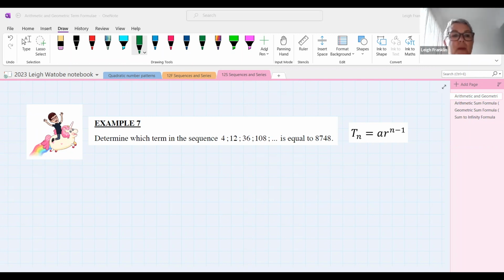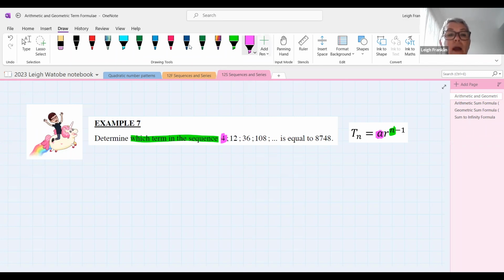Okay, so they've said this: if you don't need me to help you with the first step, go right ahead and do it. Determine which term in the sequence. When they say which term in the sequence, the implication is we need to solve for n. We know A is equal to 4.